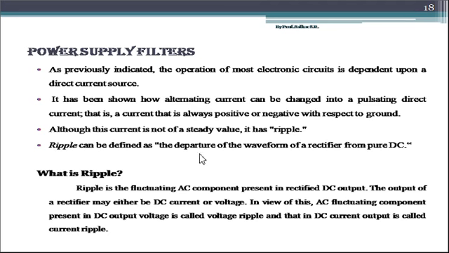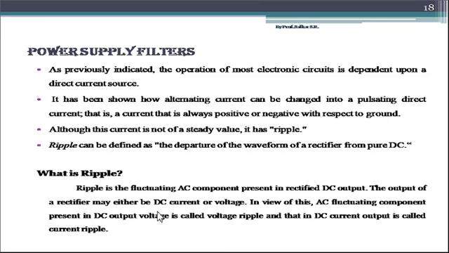So ripples are that portion of the rectifier output which fluctuates or departs from the pure DC signal. You can remember ripples as the unwanted AC component present at the output of the rectifier. Ripple is a fluctuating AC component present in the rectified DC output.